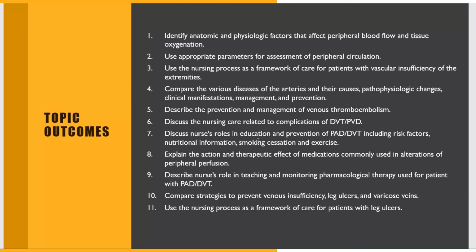So, as I said earlier, peripheral vascular disease is categorized as either venous, arterial, or mixed. So a different assessment is essential to identify the type of PVD and to plan management strategies to prevent further vascular dysfunction.